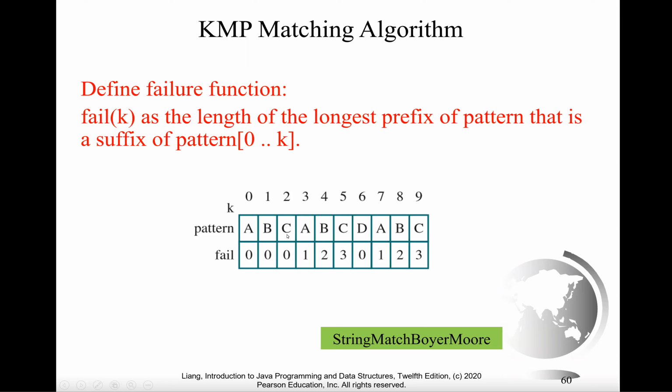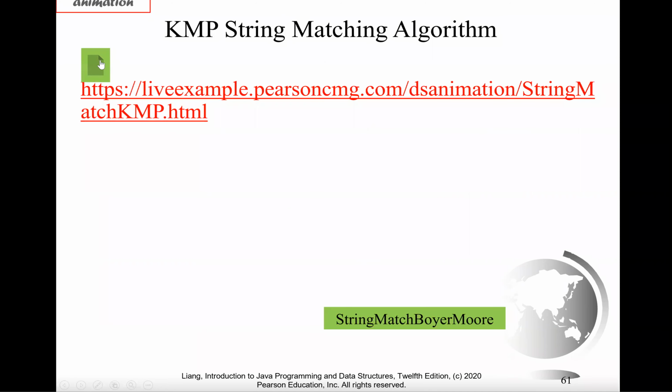And this C right here at index 2, fail 2 is 0, because no prefix matches any of the suffixes here. This failure function gives some information about how far you are in the search and how much is matched when you do a slide accordingly. Let's look at the animation.